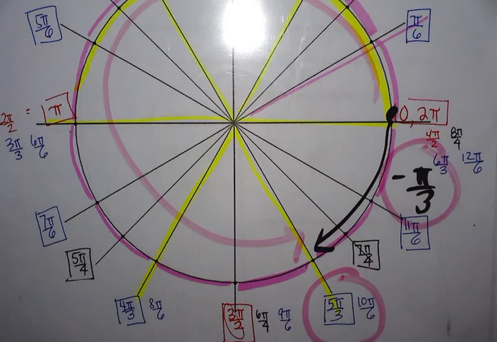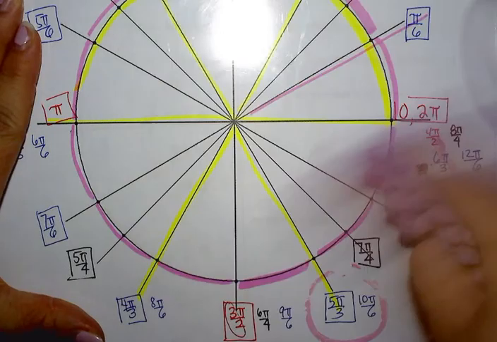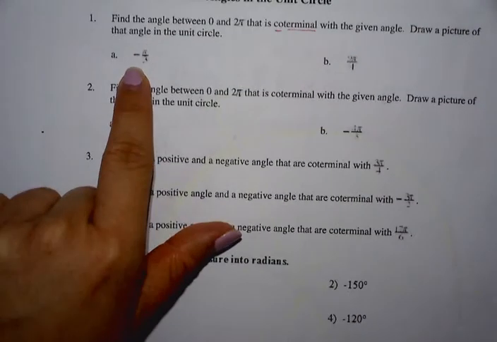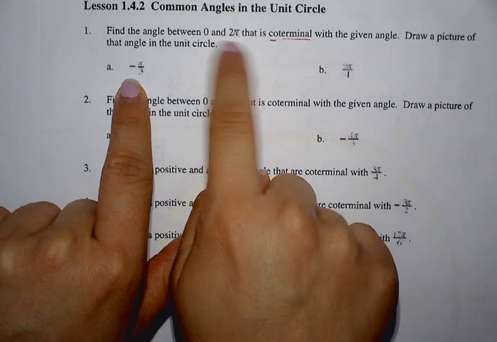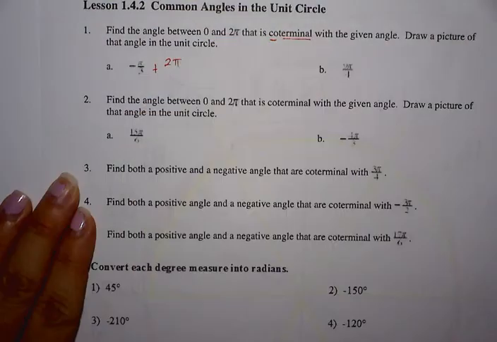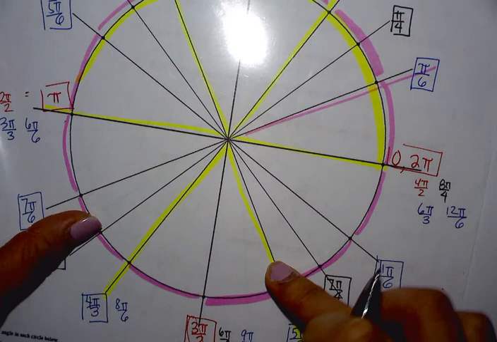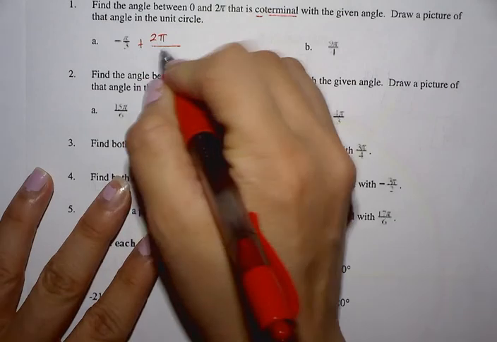You know what's a trick? If I know that negative pi over 3 is negative, but I want something between 0 and 2 pi, I could actually just add 2 pi. Because if I take a negative angle and add 2 pi, I will end up in the positive realm. So if I want to add 2 pi, how can I get a common denominator? 3 over 3.